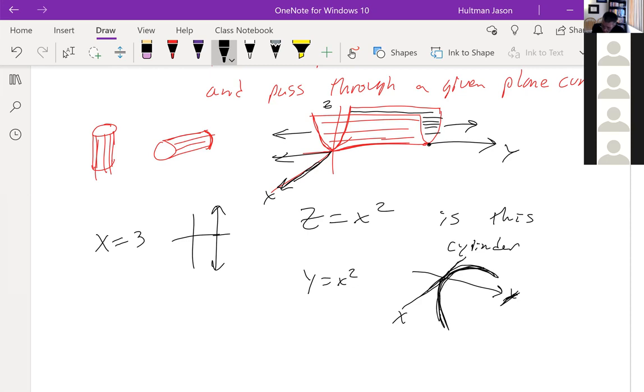If we're just looking top down onto this, that's the positive x direction, that's the positive y direction. That's a parabola we know. But now we have to designate, is this in R2 or is this in R3? Because if this is in R3, then I've got a third axis to contend with. Make sense?